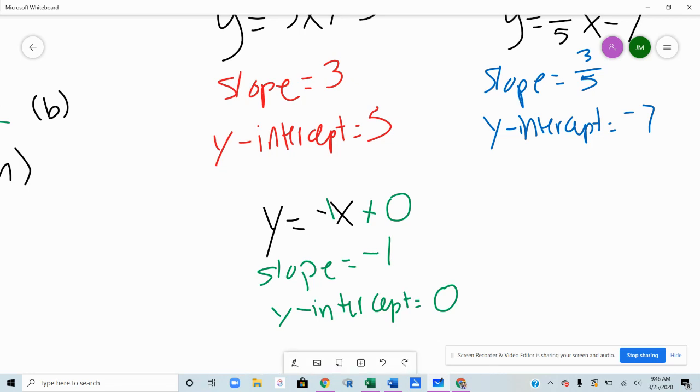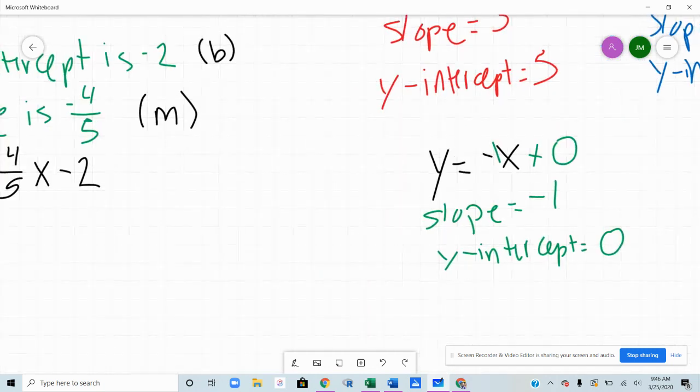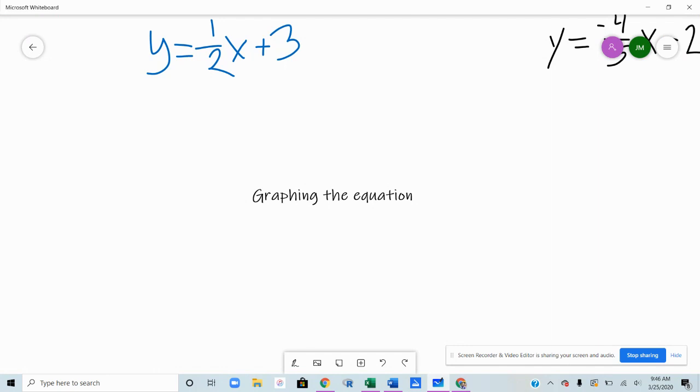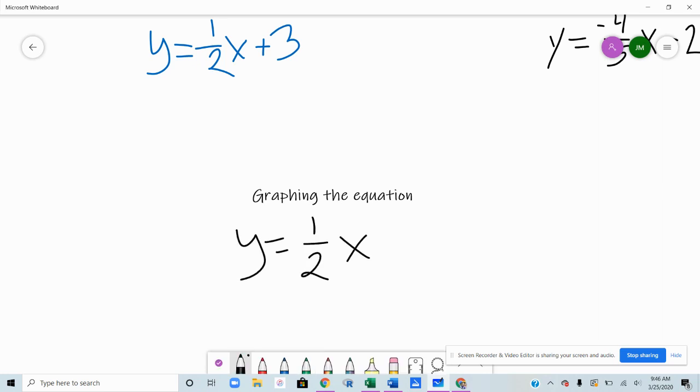All right. The last part we need to look at is graphing the equation. Okay, so if it were to give you y equals 1/2 x minus 5, you should be able to graph that, which you would always start at the y-intercept.